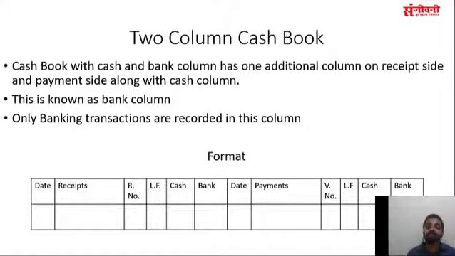If we receive a check, we enter it into the bank column. Simple. And similarly, for payments, the same process as I told you for receipts has to be followed.